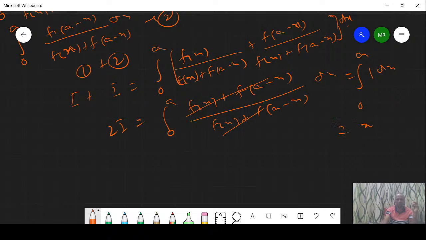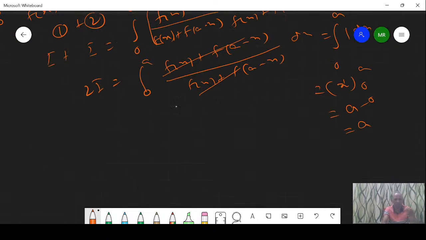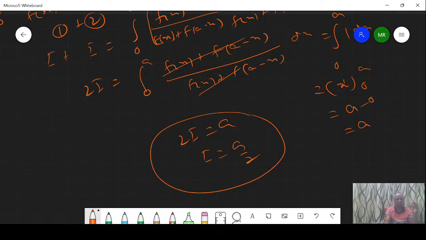Integral of 1 dx is x, from 0 to a, which becomes a minus 0, so a. 2I is equal to a, then I is equal to a by 2. That will be your required answer.